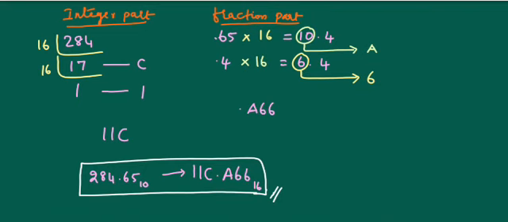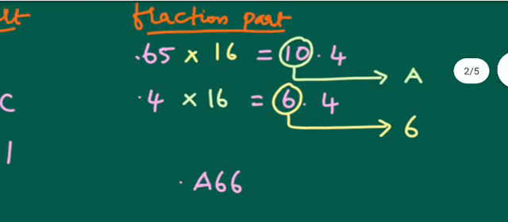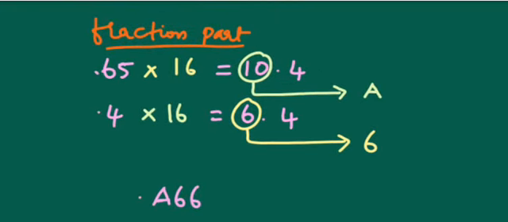Coming to the fraction part, 0.65 into 16 equals, if you multiply 16 with 0.65, what value are you getting? 10.4, and 10 is the integer part, take it out. 10 means A in hexadecimal, we know 10 means A. Then again 0.4 I am going to multiply with 16. What value do you get? 6.4, and 6 take it out.